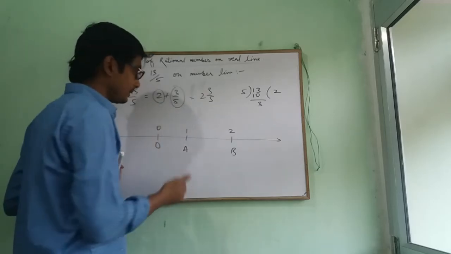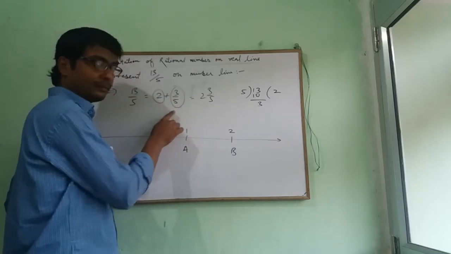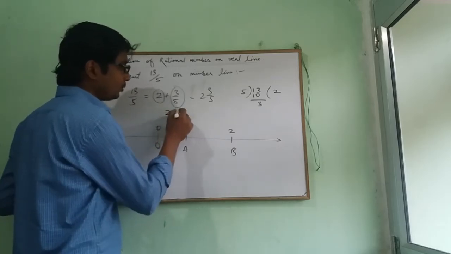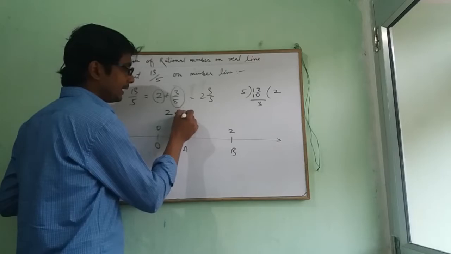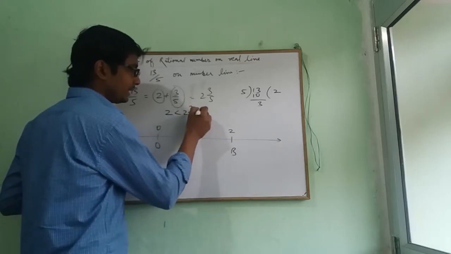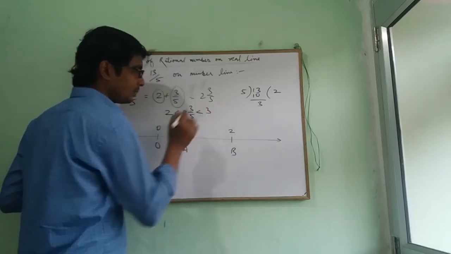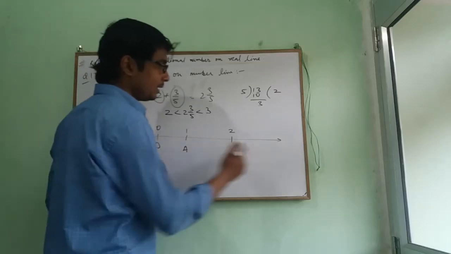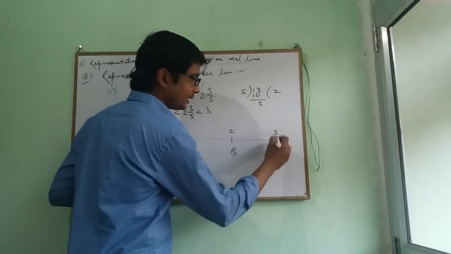You can also analyze that 2 whole 3 by 5 is greater than 2 but less than 3. So it must be represented in between 2 and 3.